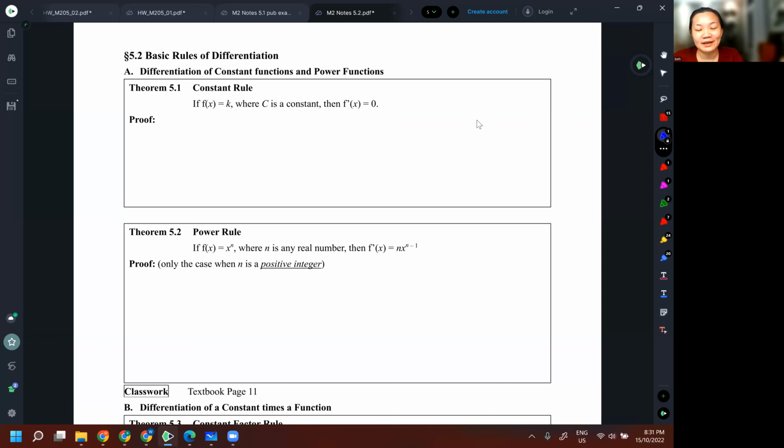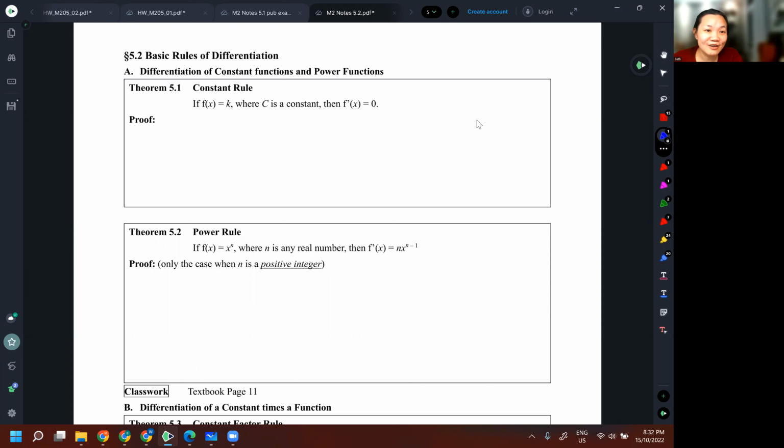Seriously. That's why starting 5.2, we have these lessons that are named basic rules. Now in these sections, we are developing a simpler and more direct rule to find the derivative function more quickly.